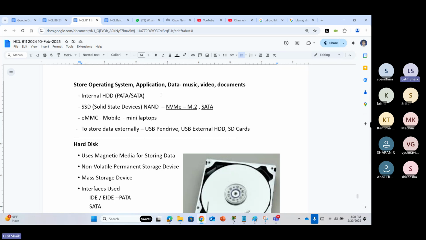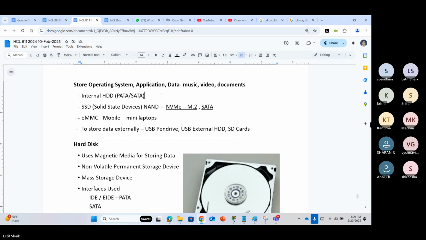Internal hard disk is where you store the regular data, or you can use SSDs also, instead of SATA. Internal hard disk connectivity is SATA type or PATA type. Currently, we are using SATA type. Internal SSDs, solid state drives, have two interfaces: SATA interface and NVMe, M.2 type of interface.